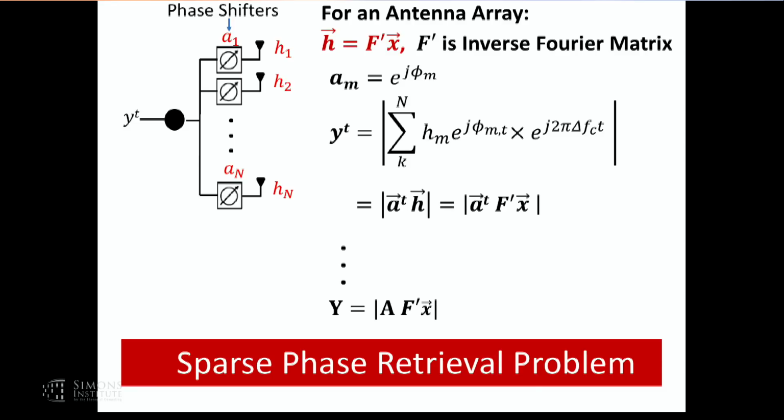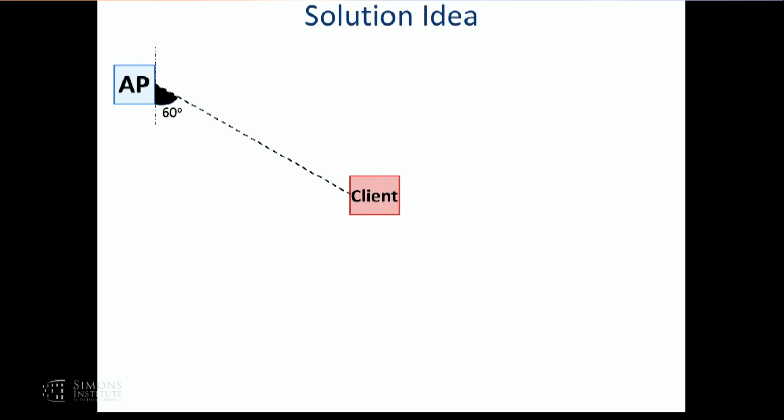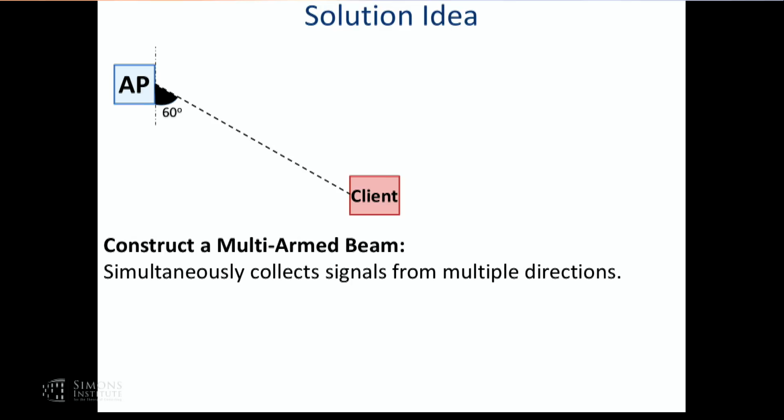So how are we going to solve it? Let me give you a very high level intuition. Let's say this is the access point, and it's at 60 degrees relative to the client. What we're going to do is construct what we like to call multi-armed beams. This means a beam that has arms in different directions.